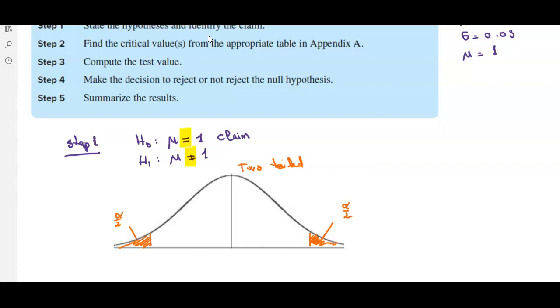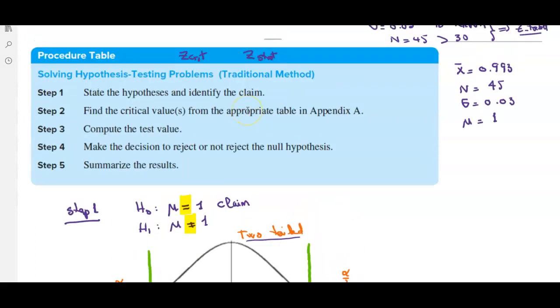The threshold where the alpha stops, whenever you hit the Z axis, this point here is going to be Z critical, and this point over here is going to be Z critical. So in other words, the value of the alpha will lead you to the value of Z critical. And because we are using two tails, we're going to have two Z values. All right, so this is step 1. We're done with that.